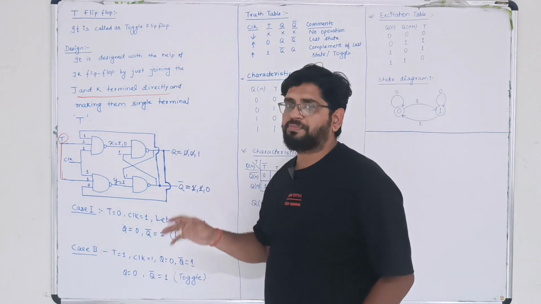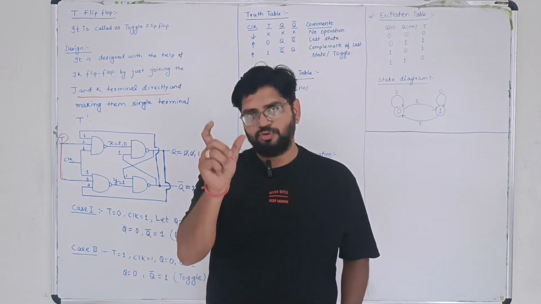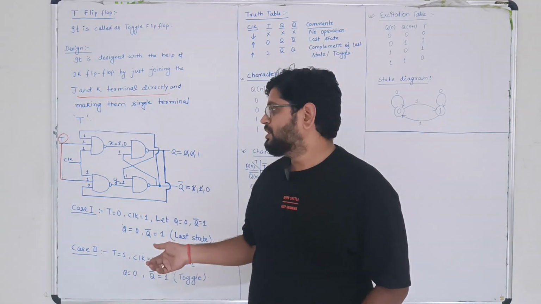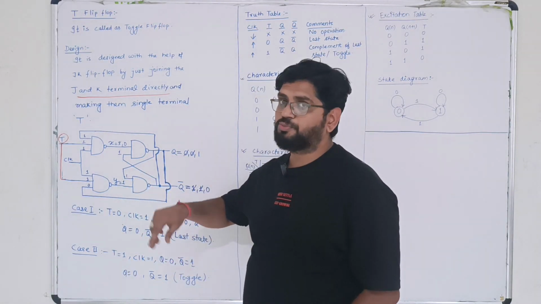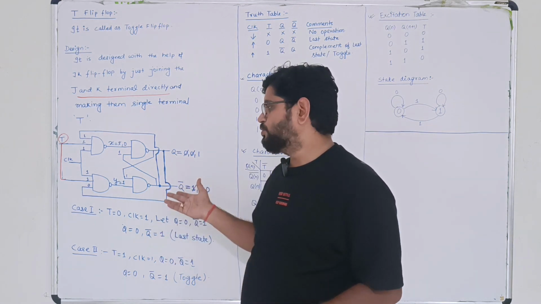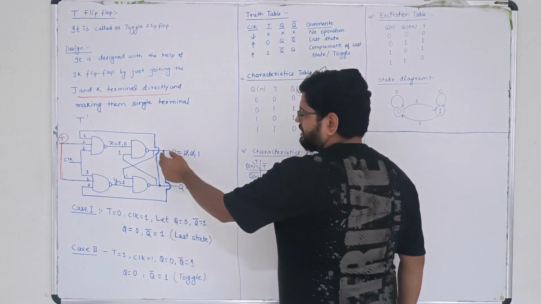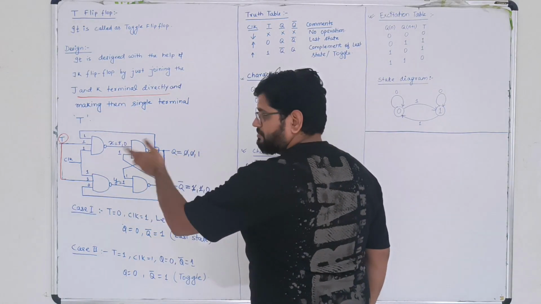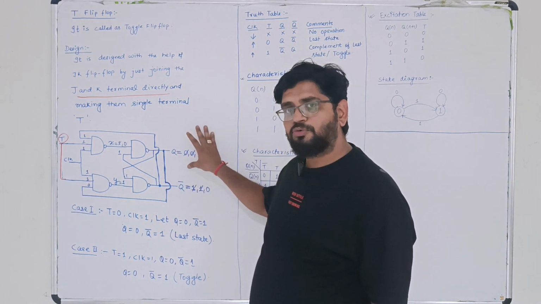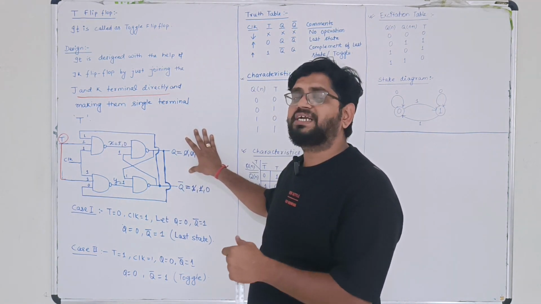Now coming to its operation. In the previous videos, we wrote the Boolean expression and then understood the operation of those flip-flops with the help of those Boolean expressions. But in case of toggle flip-flop, we will not be able to do that. The reason being, if there is a feedback system connected from the output to the input, then the Boolean expression will not be dynamic in nature.